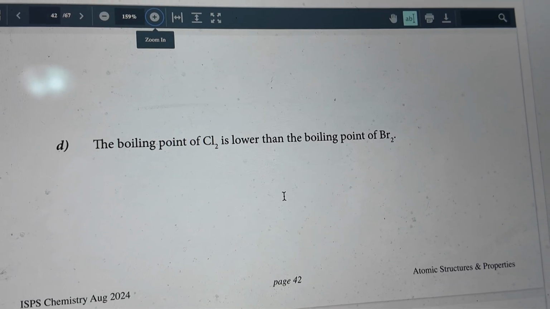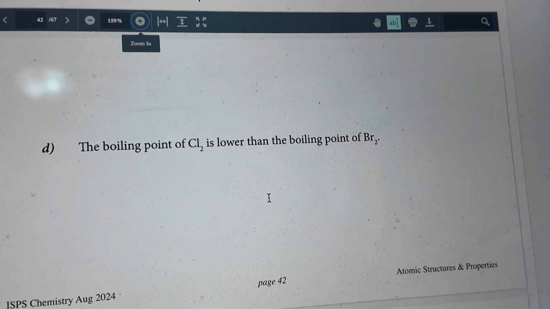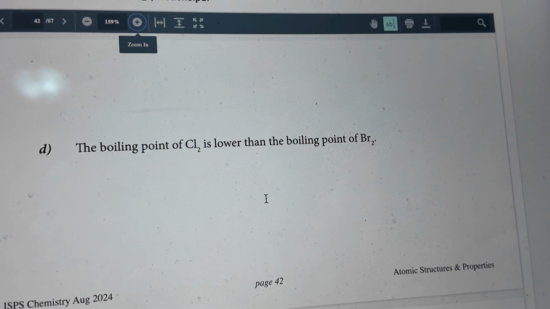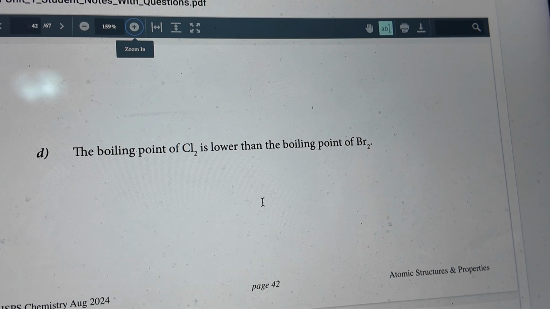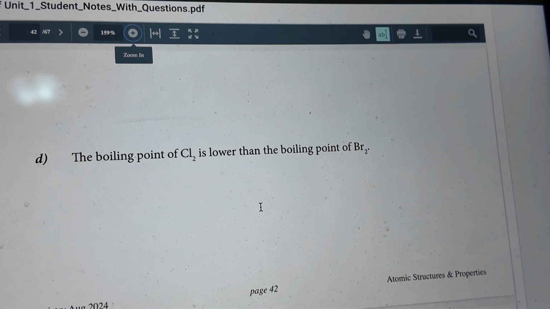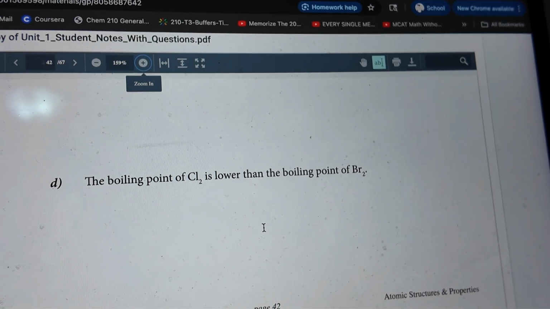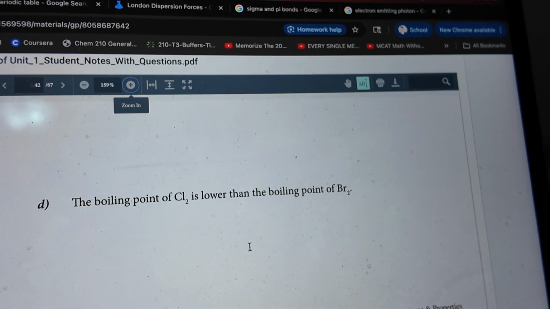And how do you figure out which one has the higher London dispersion forces? The one with the bigger mass, if you remember from last year. And because bromine has a bigger mass, it has a higher London dispersion force, and thus it has a higher boiling point. Okay, moving on.